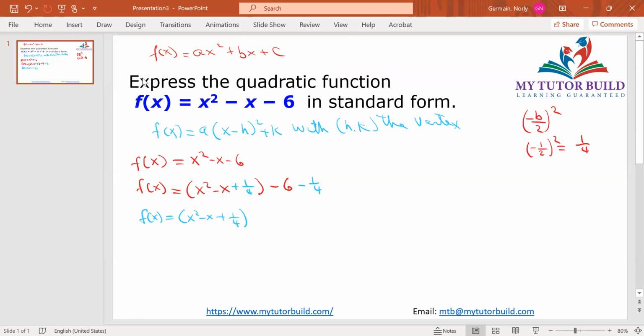If you add -6 minus 1/4, using the same denominator, we multiply and divide -6 by 4. We're going to have -24/4 minus 1/4, which gives us -25/4.